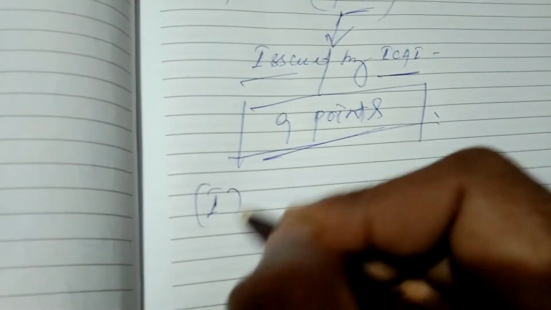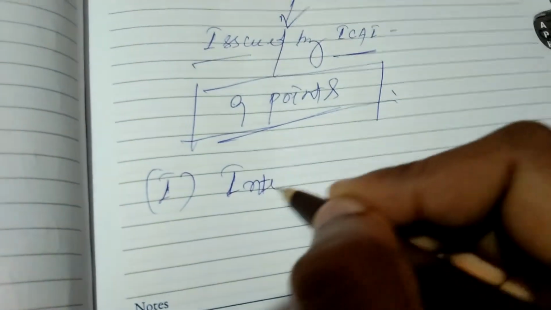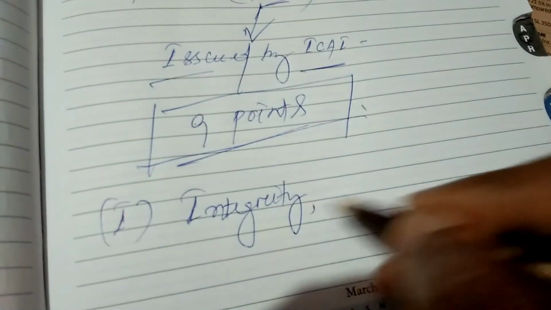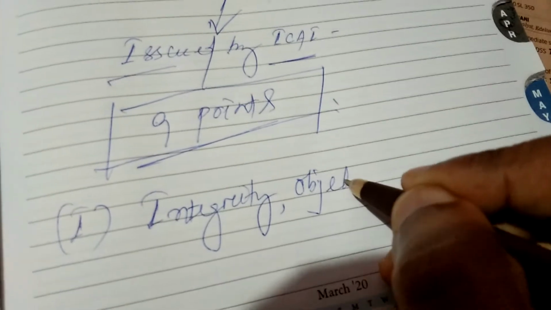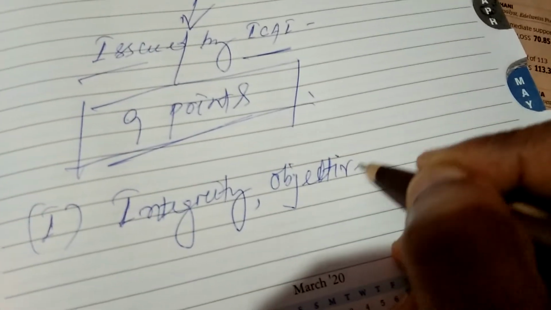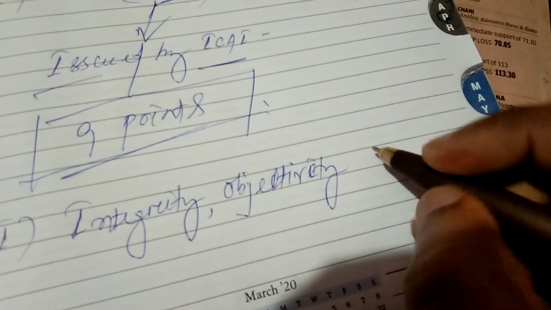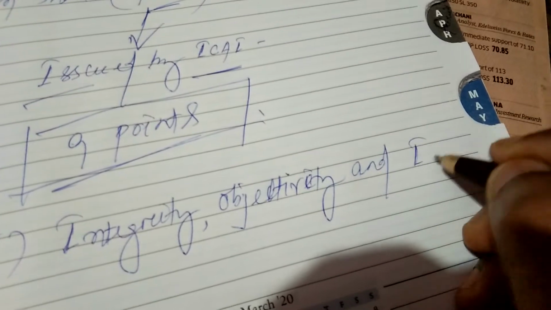The first one is integrity, objectivity and independence.